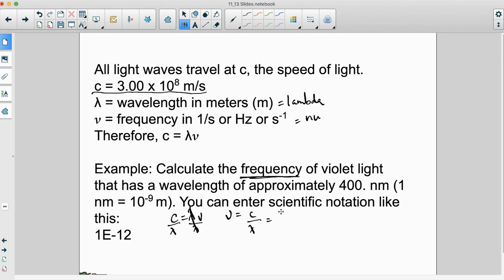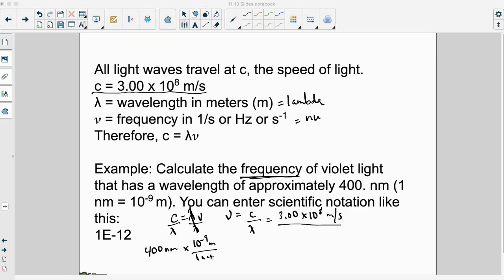So I can put in for c 3.00 times 10 to the 8th meters per second and divide that by my wavelength, 400 nanometers. Let me do a quick conversion here. 400 nanometers, and I want to put my 10 to the minus 9 meters on top because I want to cancel out my nanometers.